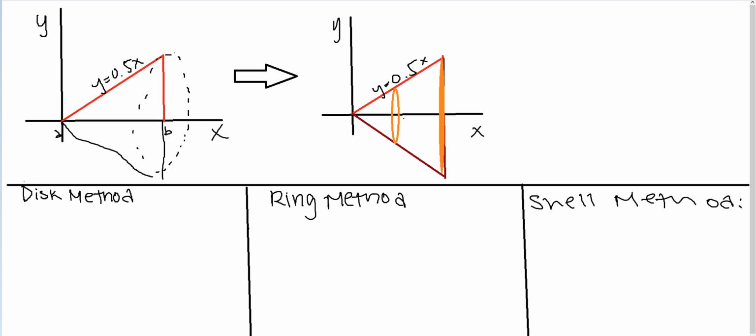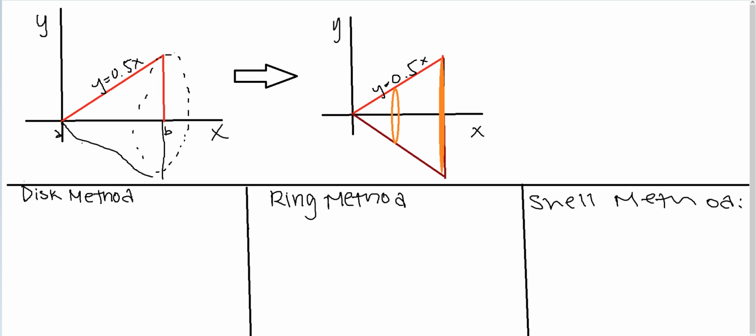We are three-dimensionally rotating this y equals 0.5x around the x-axis and getting a disk. The reason we are getting a disk is because there is no gap between the x-axis and the function.